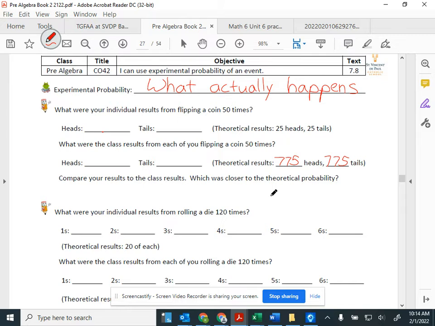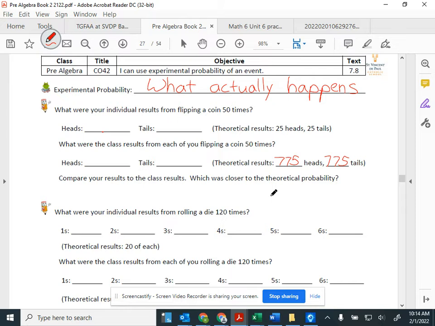So Ethan, what heads did you get? Say it nice and loud so everyone can hear. 24. Okay, so start with 24. Garrison? 21. Ashley? 19. Jocelyn? 40. Gavin? 25. Owen? 25. Finn? 28. Naveen? 25.